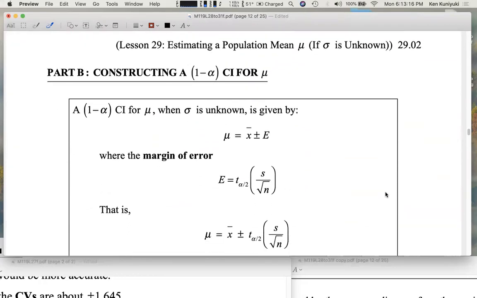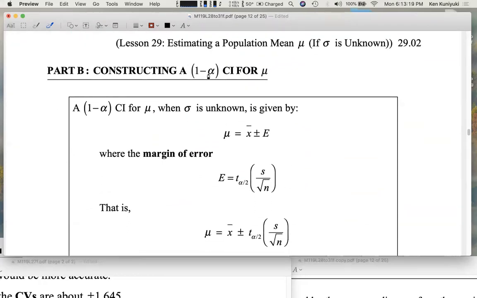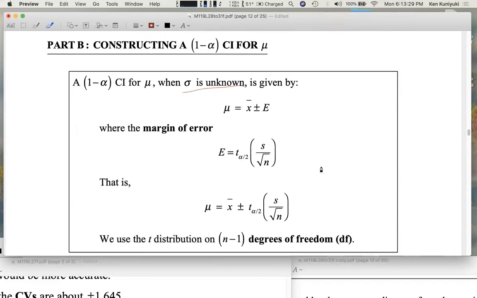Okay, so now, how do we construct a 1 minus alpha, that's the confidence level, a 1 minus alpha confidence interval, CI, for mu, a population mean, when sigma is unknown? It is given by the following. This here is the same setup as before. The center of the confidence interval will be the sample mean, x bar.